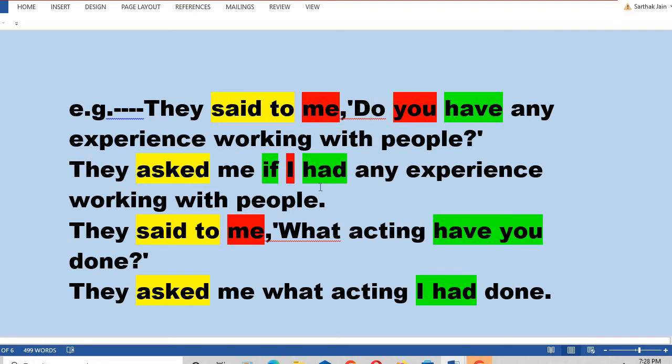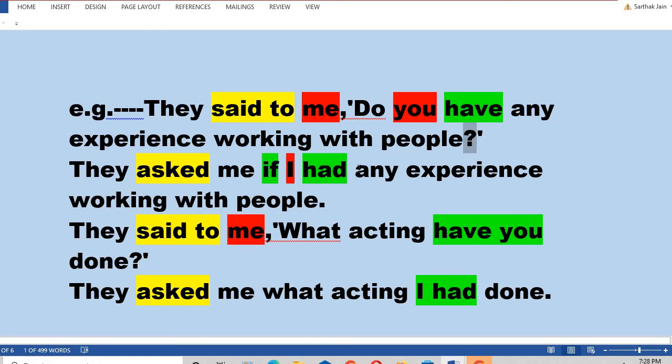Present perfect will convert into past perfect. Have an experience, have will convert into had, working with people. Okay, now see the point, note the point, question mark. This question mark we have not put here in the indirect speech. How have we avoided it? This is a very important point to understand. How to avoid this interrogation?